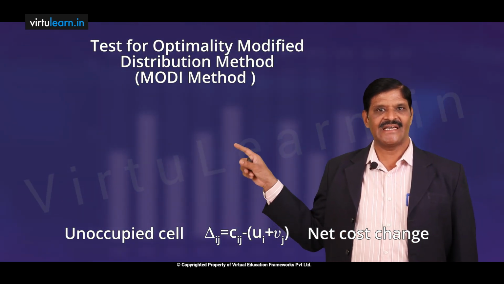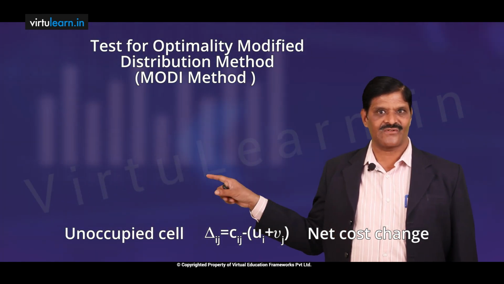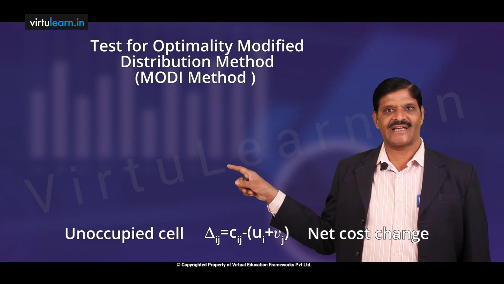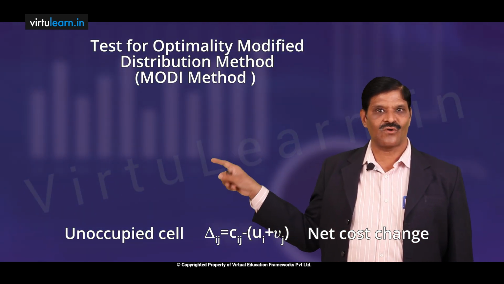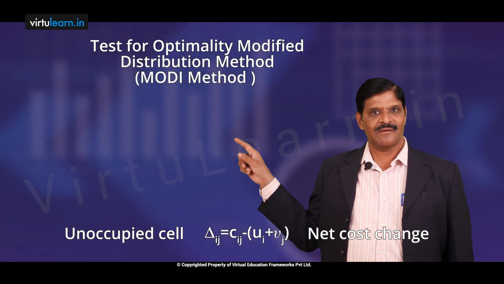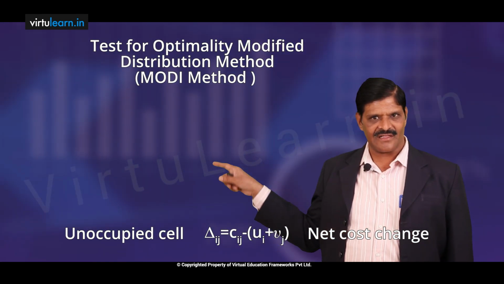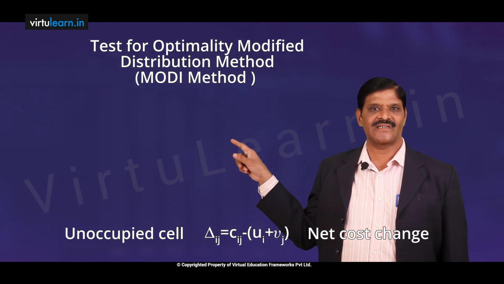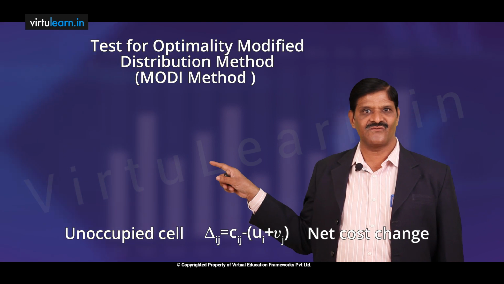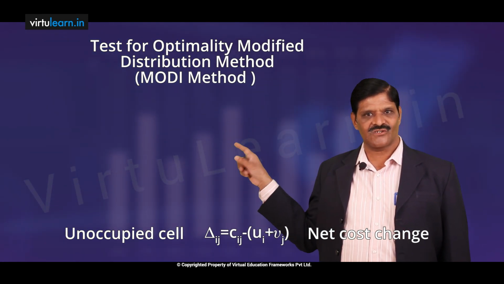If we get any negative values for any of those unoccupied cells, then it indicates that there is scope for improving the problem. But if we get zeros and all positive values for all the unoccupied cells after evaluating delta ij, that means we have already arrived at the optimal solution.